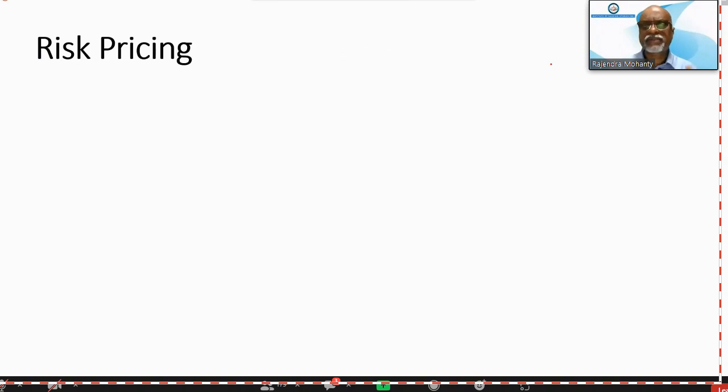So this is what risk pricing is for. What will be our loss in our loan portfolio or credit risk? We have to account for that for the future loans, where that factor has to be added, so that our interest is minimum that much. So this is about risk pricing.